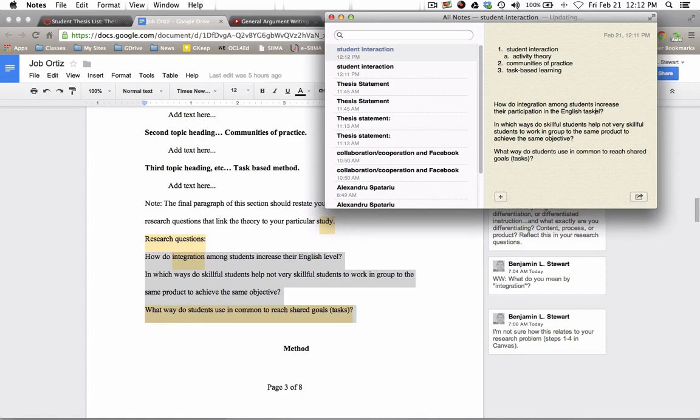So how does interaction among students increase their participation in the English task or tasks?